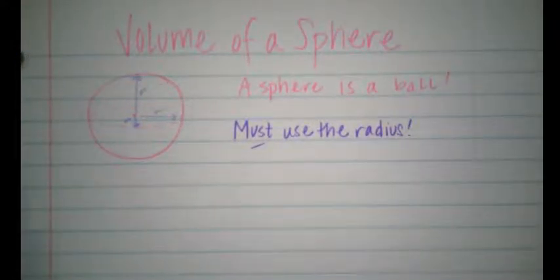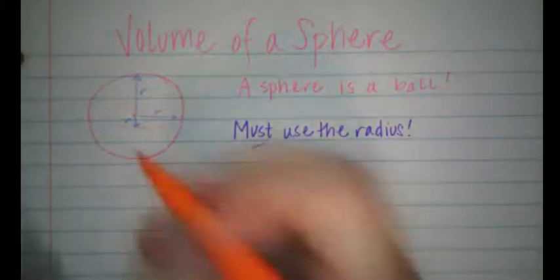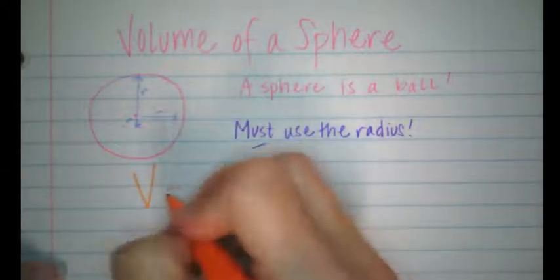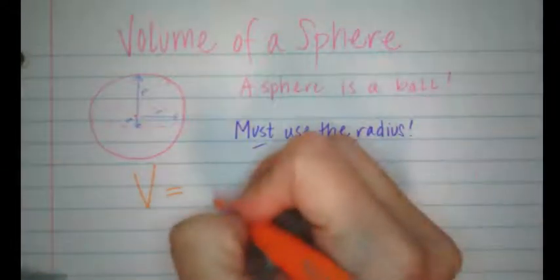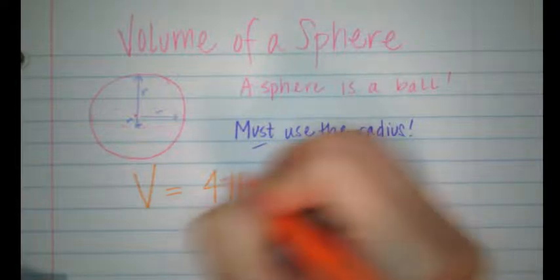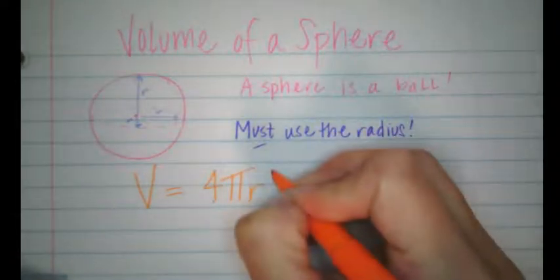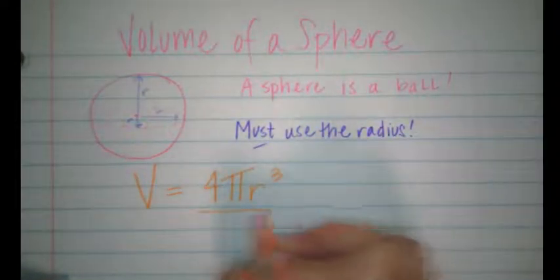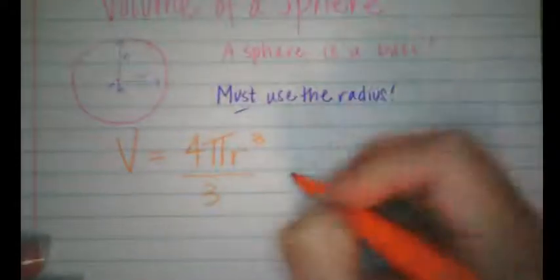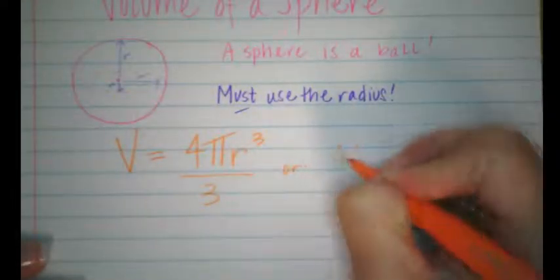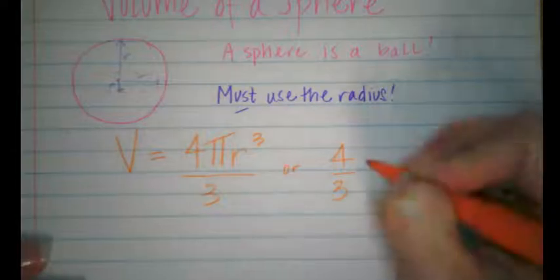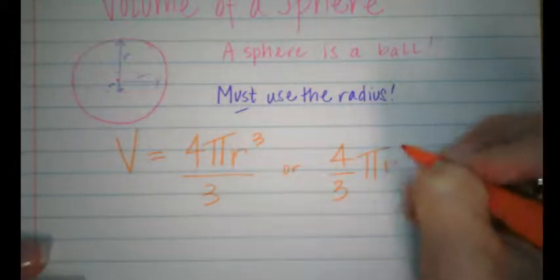But the actual formula is that the volume of a sphere is 4 pi r cubed divided by 3. Or some people will say 4/3 pi r cubed.